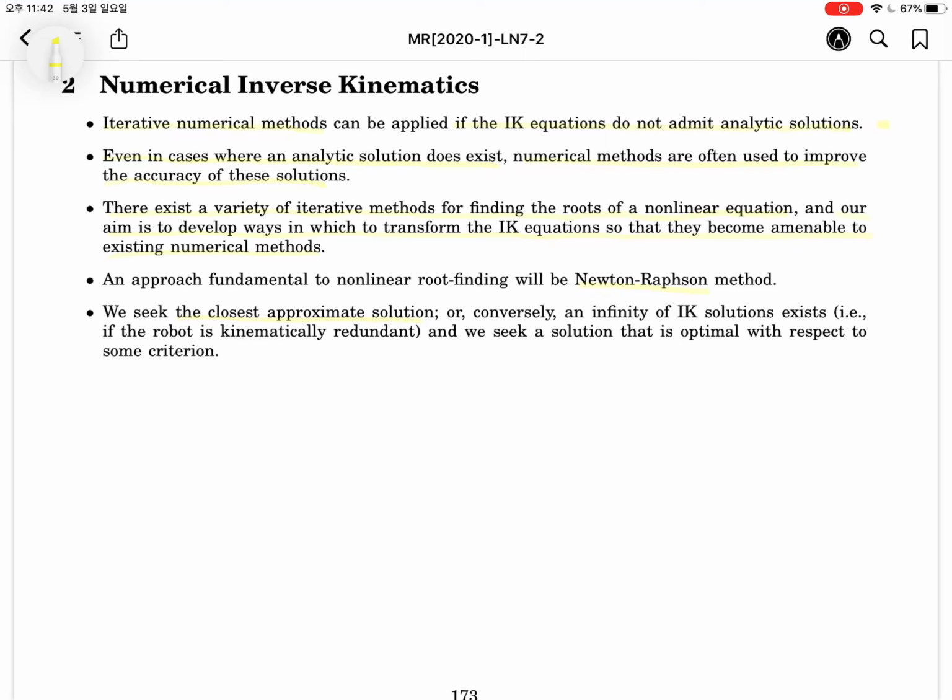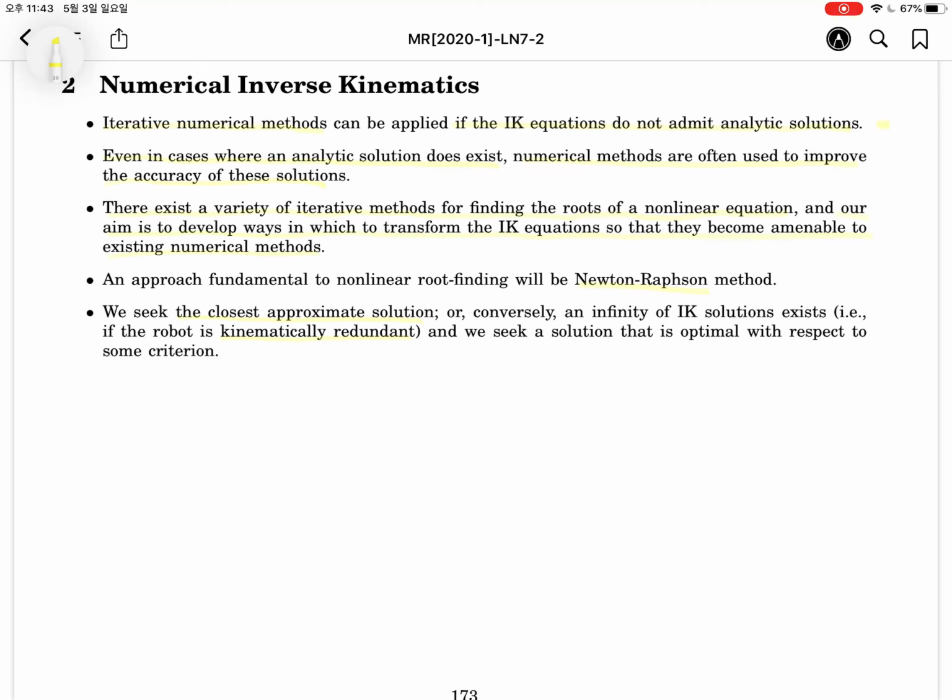In many cases, we seek the closest approximate solution. In the case of a redundant manipulator, there are many IK solutions for a given task posture. So we apply optimization to determine one solution that minimizes the optimization criterion.